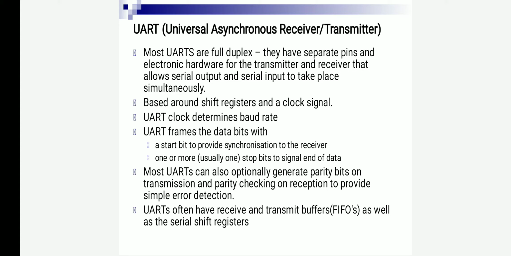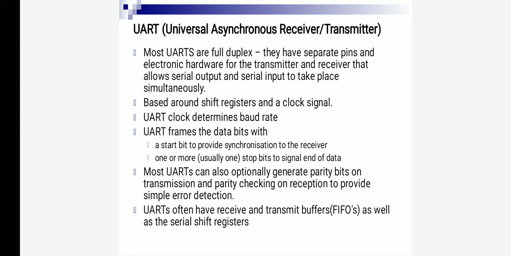So UARTs have separate pins and electronic hardware for the transmitter and receiver that allow serial output and serial input to take place simultaneously, which means transmission and reception of the data signal can take place simultaneously.